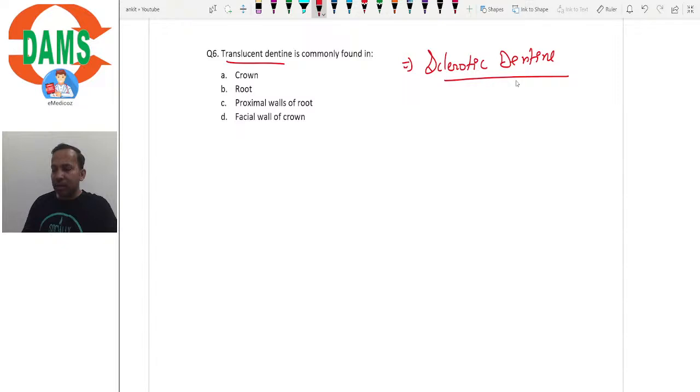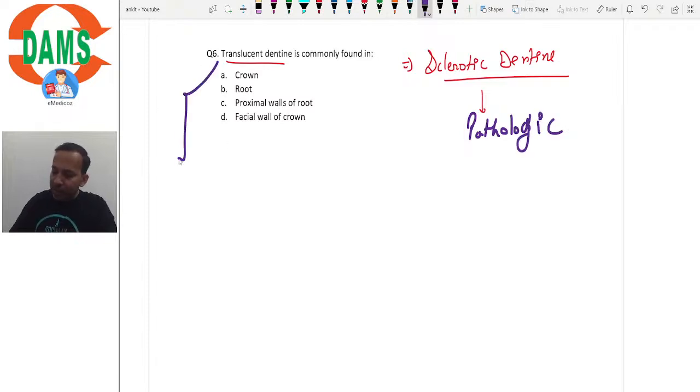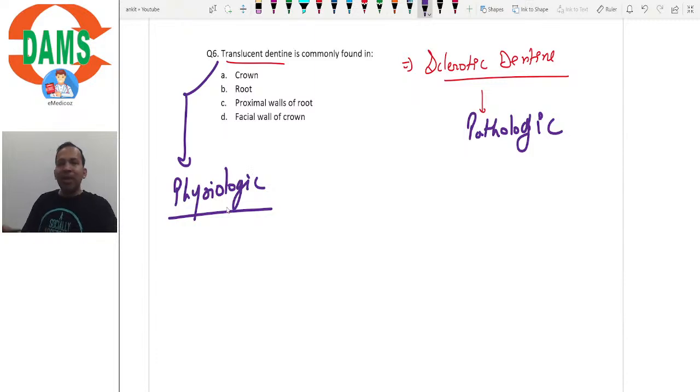Sclerotic dentin represents that the dentin we are talking about is pathologic, whereas translucent dentin implies that it is physiologic. Apart from being pathologic or physiologic, these two tissues are exactly the same. So the question is, where is the translucent dentin commonly found?